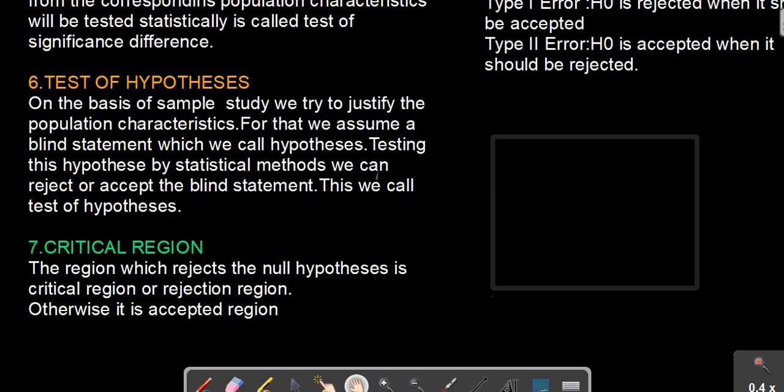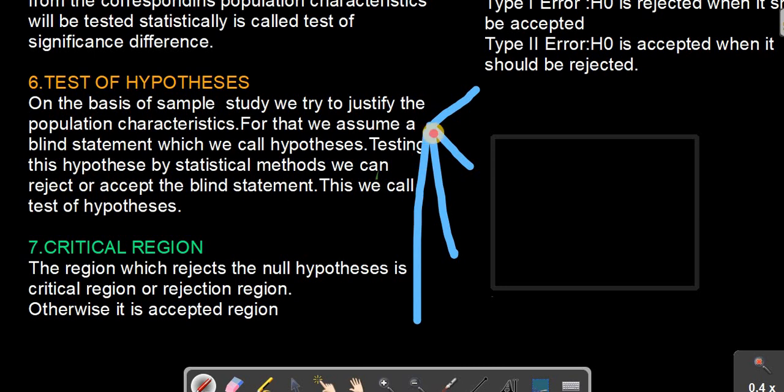Then I already told you what a test of hypothesis is. The test of hypothesis consists of 5 steps. The first is hypothesis formulation.